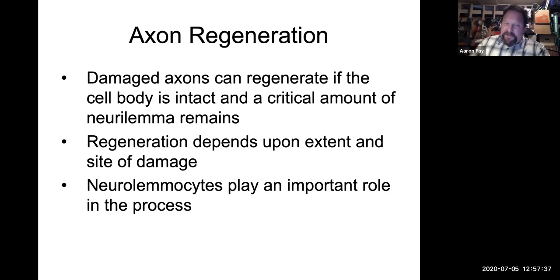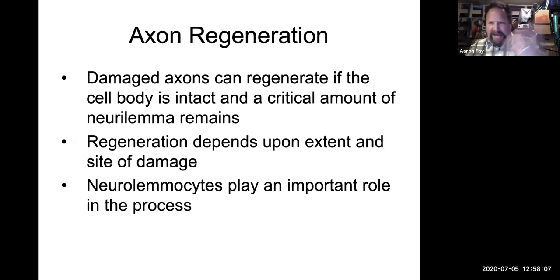Now, this next section, I just want you to be vaguely aware of. I'm not really going to go into crazy detail here, but understand that just because a neuron is damaged does not necessarily mean that it is irrevocably destroyed. Some of you may have received an injury, and then you may have lost feeling in a particular area or a particular limb, or lost the ability to control something. And then like weeks or months later, you sort of regain control. You might say to yourself, well, how is that possible?